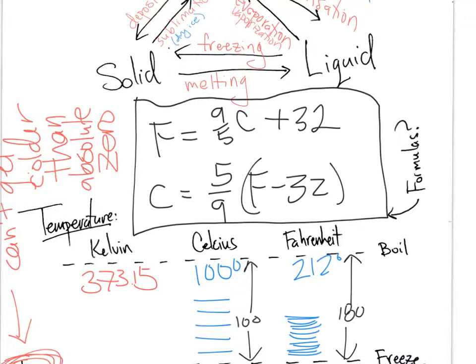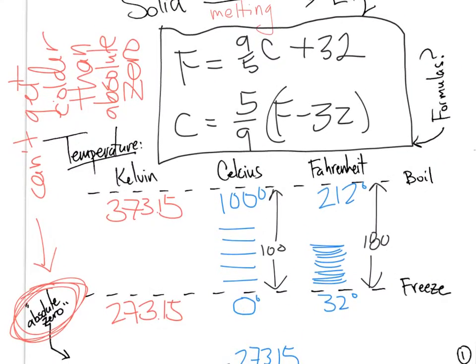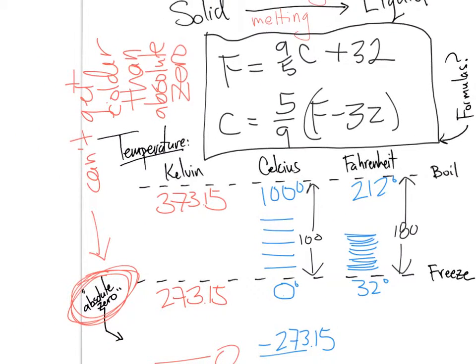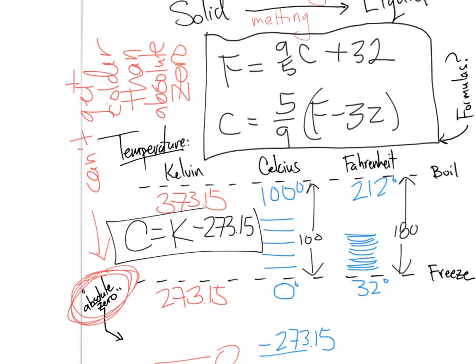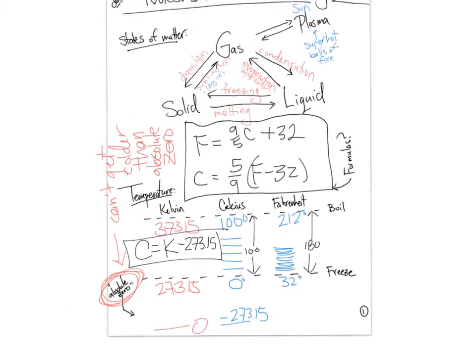And then we could also say, between Kelvin and Celsius, that Celsius is the Kelvin temperature minus 273.15. So if we have this as well as these, we're all good in terms of converting between different temperatures.